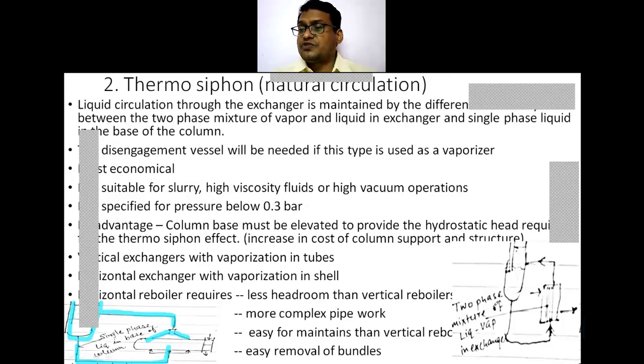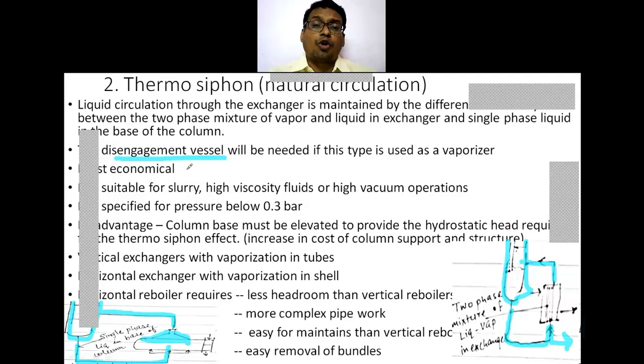And similarly in this figure also, the bottom of a distillation column, a heat exchanger is there, liquid goes into the heat exchanger, and the vapors go back into the distillation column, and the bottom product can be taken out. So the disengagement vessel, this extra space, or the disengagement space, will be needed if this type is used as a vaporizer.